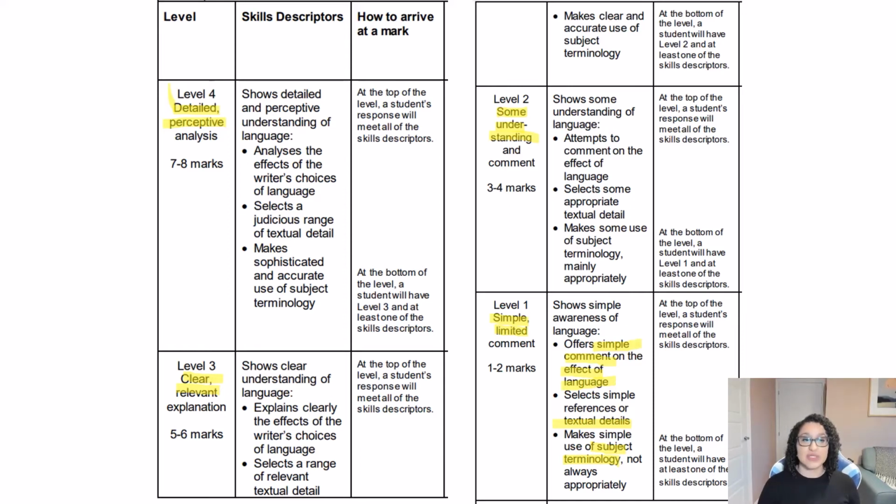If you do that, then you're dealing with detailed analysis because you're breaking down your quotes in a lot of detail. You're looking at multiple things going on. Detailed can also mean that you're looking at more than one quotation for the same idea. Okay, so if you have an idea like the character is presented as violent, you don't just try and prove that with one quote, you've also got a second quote to back it up as well.